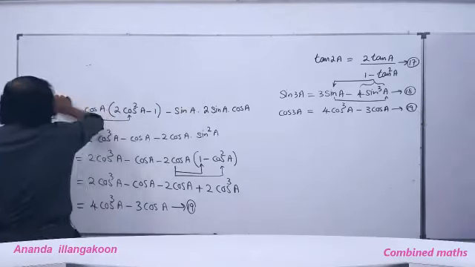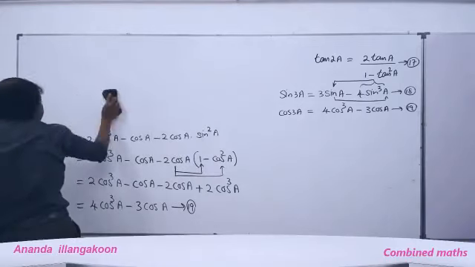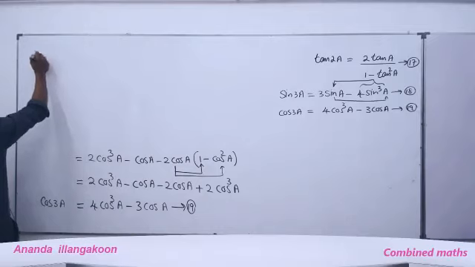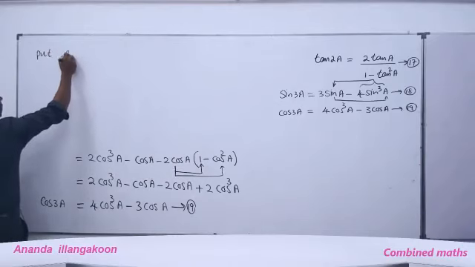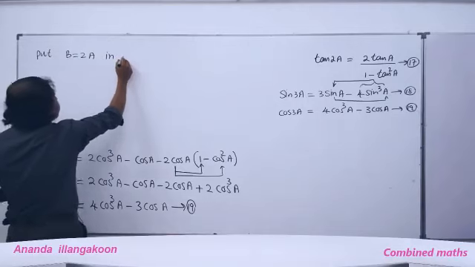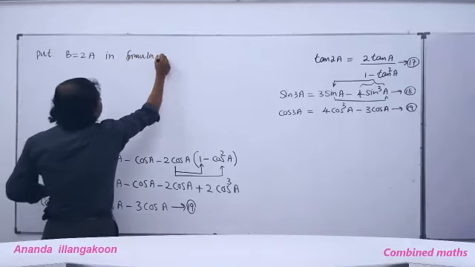Right. Okay. Now, people, we will take formula number 5 and put B equals A in it.